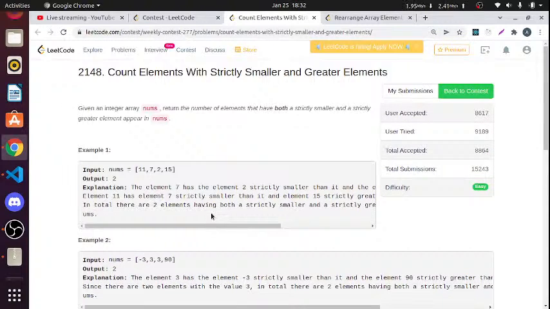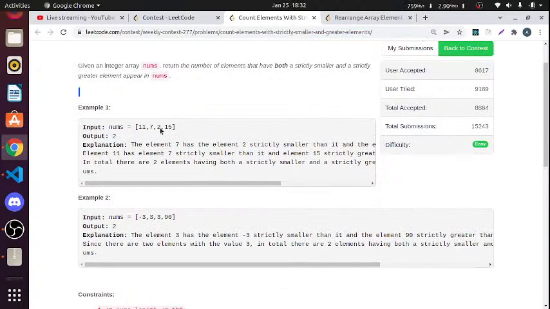I'm not understanding the problem properly, so let's read again. Given an integer array nums, return the number of elements that have both a strictly smaller and a strictly greater element. Okay, fine.